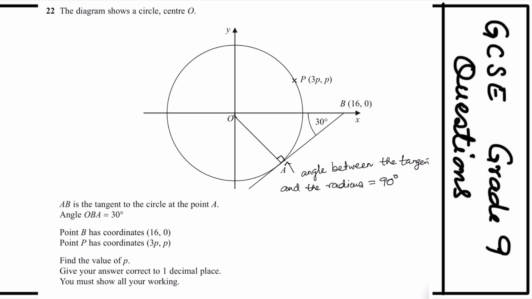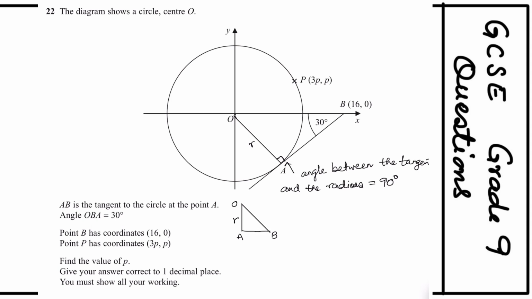So represent OA as r, and if we take triangle OAB, a right angle triangle, the angle at A is 90 degrees. OA is r, the radius, and the angle at B is 30 degrees.